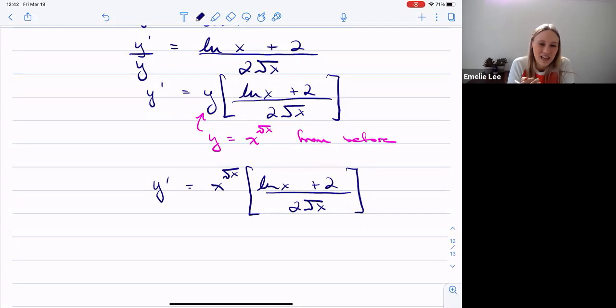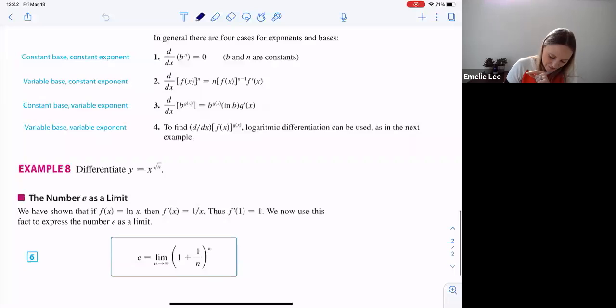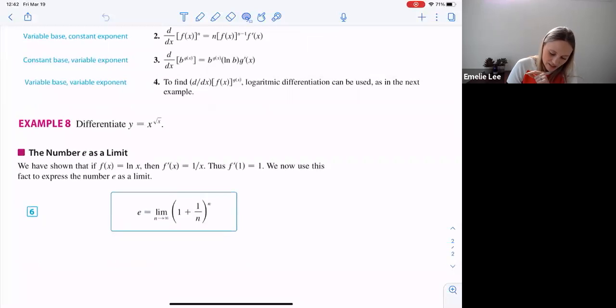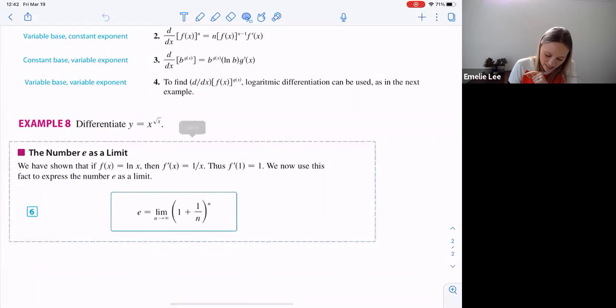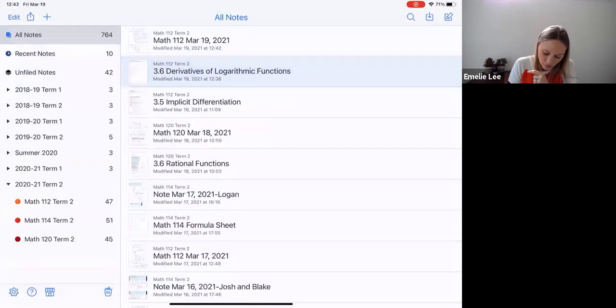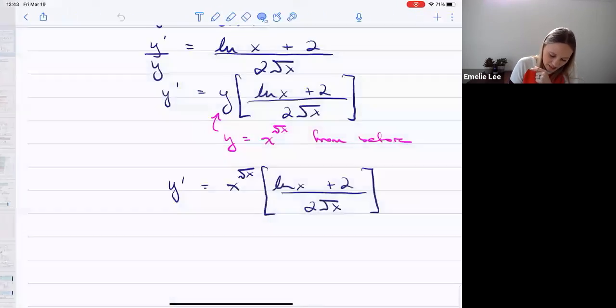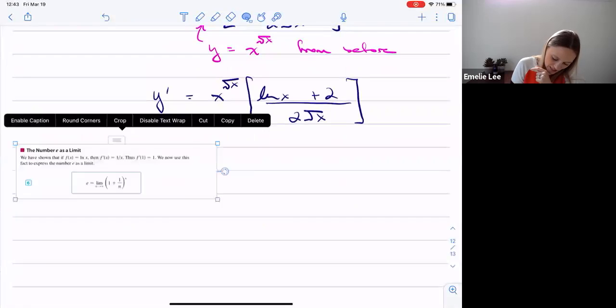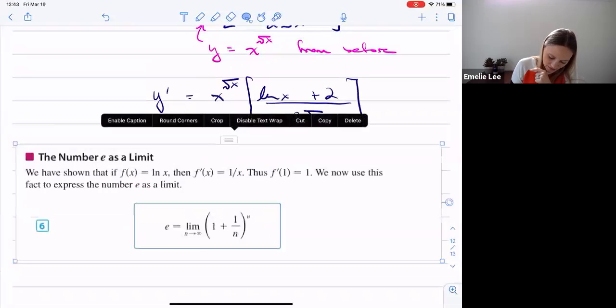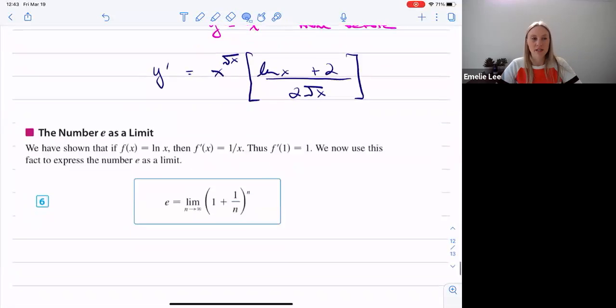There is that one, so the number e as a limit. I have the proof. We're not going to do it. I'm just going to say it here. If you want, I'm sure the proof itself is in the textbook, but let's just kind of ignore it, right?